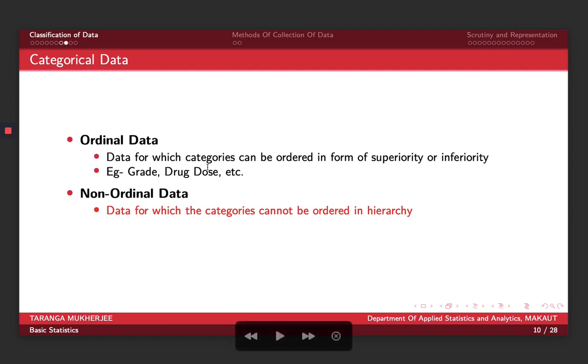Drug dose is definitely an ordinal data. Why? Because drug dose has multiple categories like high dose, low dose. So we have a hierarchy, right? For example, a painkiller is given to a patient who is having a lot of pain. Now he is reporting that after receiving the drug dose, the pain is going away moderately.